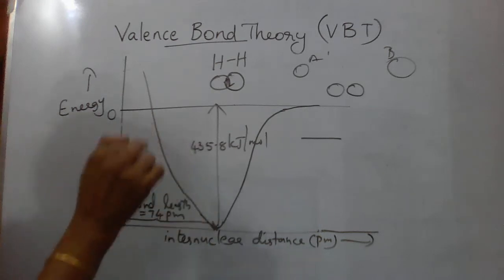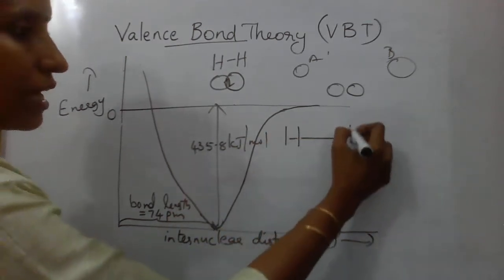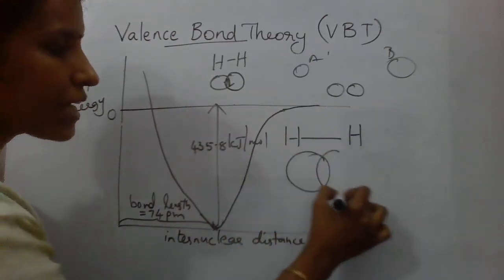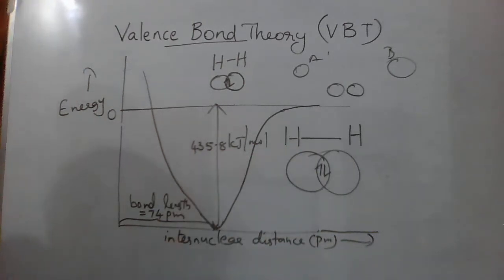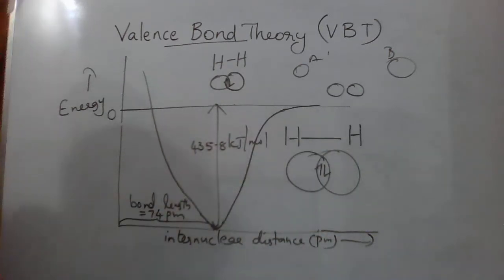Overlapping of atomic orbitals present in the valence shell of combining atoms results in sharing of electrons. So the hydrogen covalent bond is formed due to overlapping of half-filled 1s atomic orbitals present in the two hydrogen atoms. The strength of the covalent bond depends on the extent or degree of overlapping. The greater the degree of overlapping, the stronger the covalent bond.